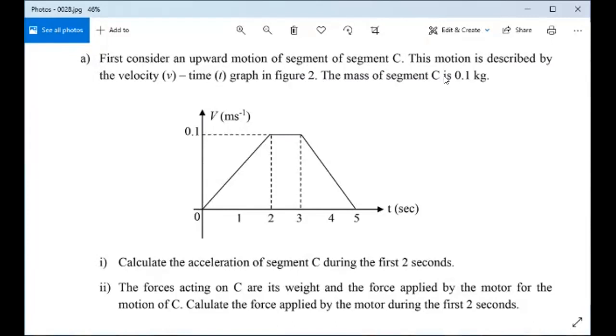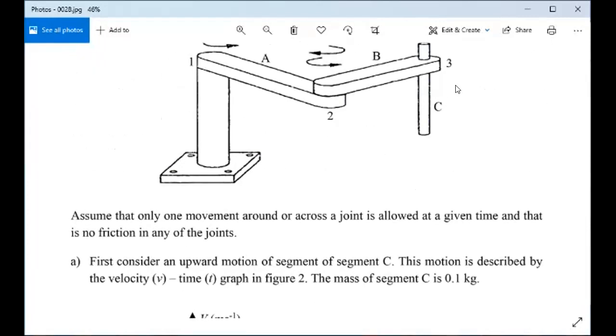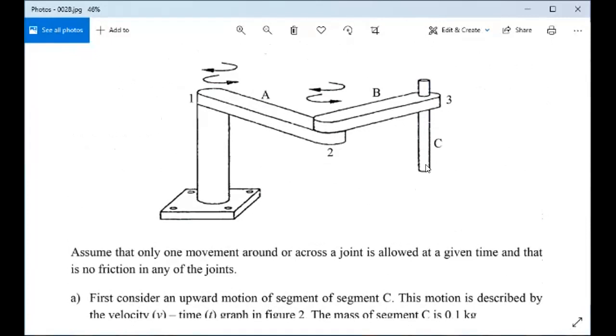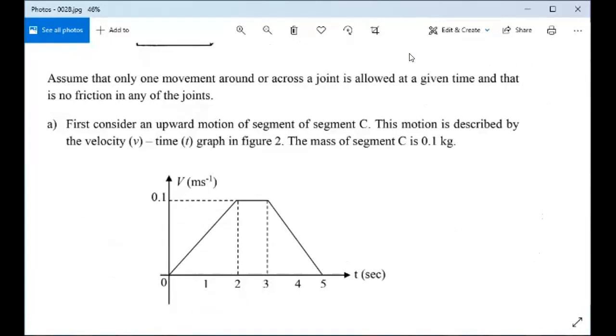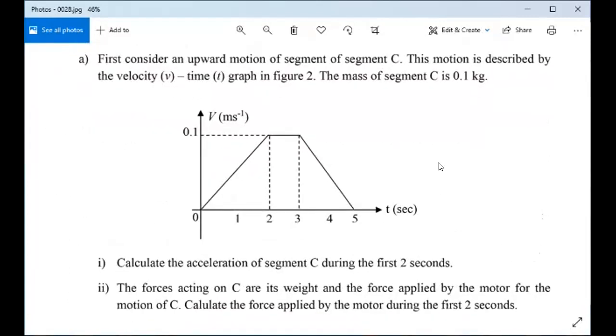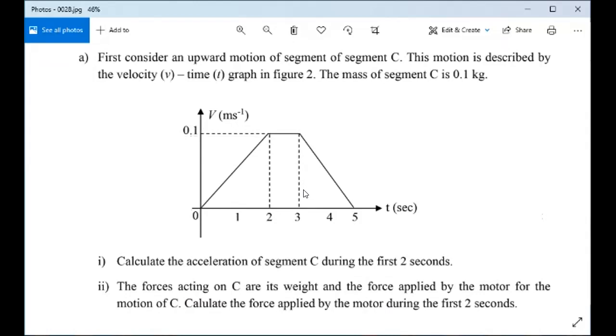The mass of the segment C is 0.1 kilogram. Where is C? This one, C. So this can be just moved up and down. Its motion is described by this graph. Initially, during the first 2 seconds, what kind of motion is there?